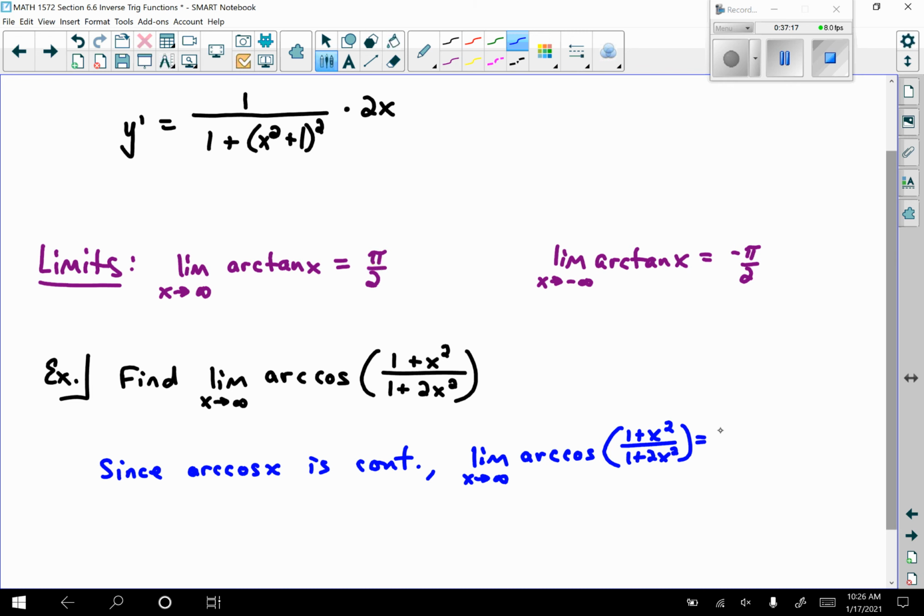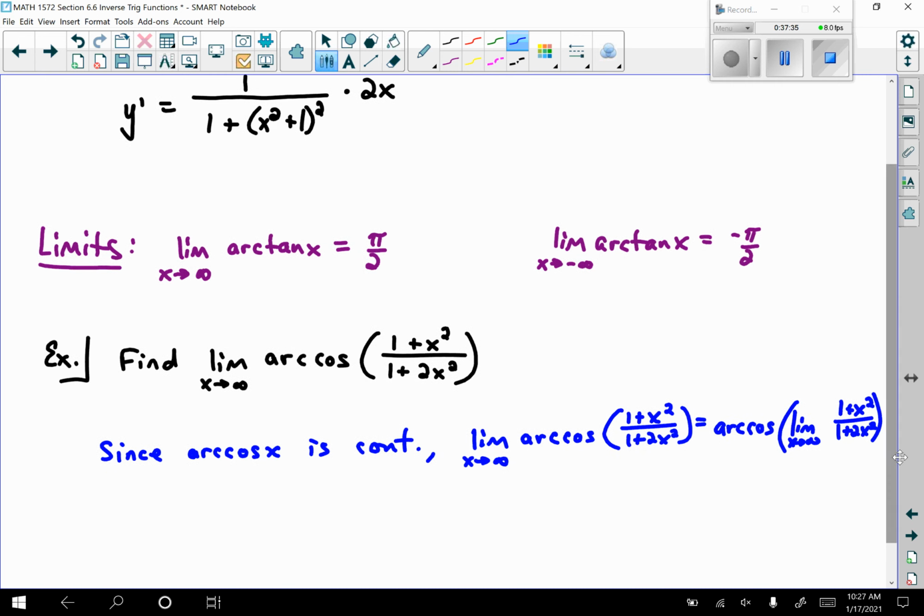We could rewrite it as arc cosine of the limit. So then this becomes arc cosine.